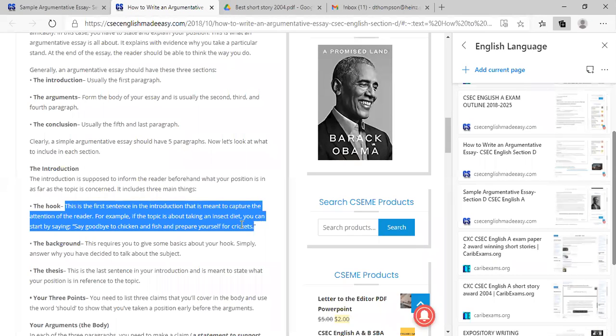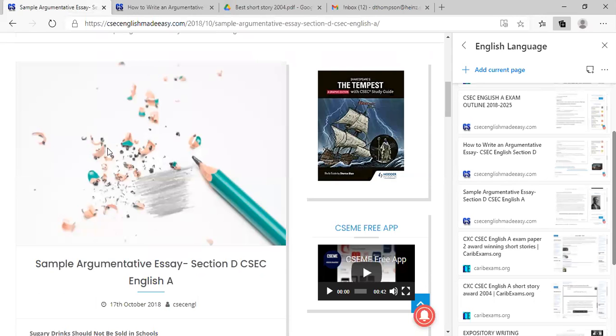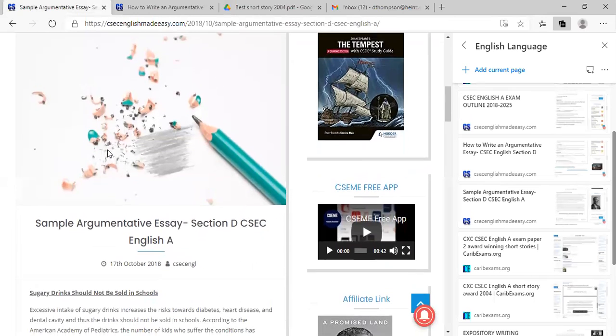All right, let me create a hook just to give an idea. What's the topic again? Sugary drinks should not be sold in school. Let me give an example.